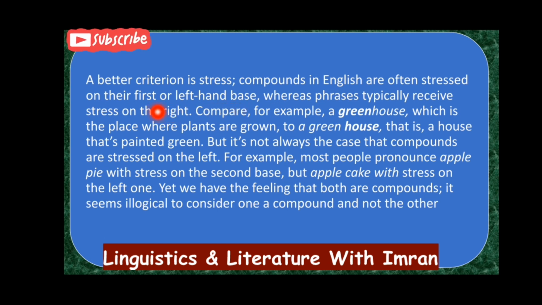So the first or left-hand base would be stressed, whereas phrases typically receive stress on the right. For example, we have the word greenhouse. We will stress the left one, the first word, that is green. So green would be stressed.